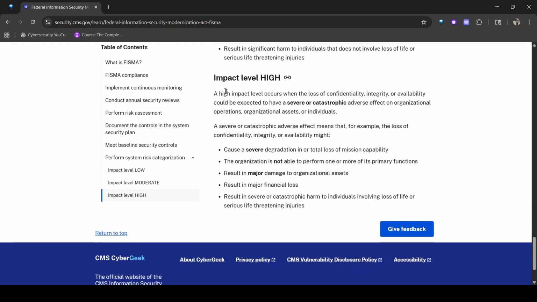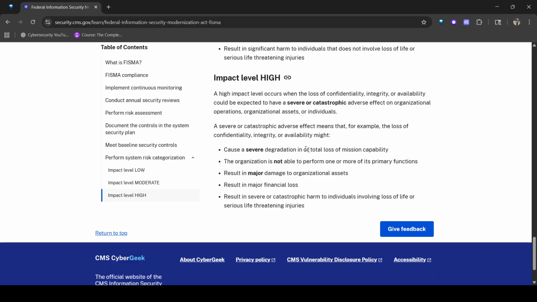Now, lastly, a high impact level occurs when the loss of CIA, I'm just going to say that from now on, could be expected to have a severe or catastrophic adverse effect on organizational operations, assets, or individuals. A severe or catastrophic adverse effect means that, for example, the loss of CIA might cause a severe degradation in or total loss of mission capability.